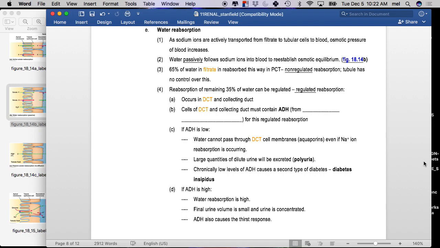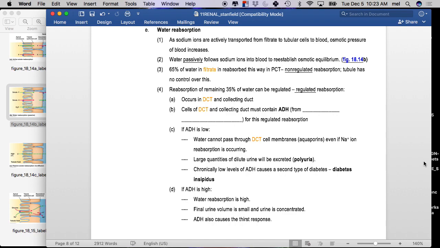Okay, so the cells of the DCT and the collecting duct must respond to ADH. Here's what ADH does. ADH allows for water to follow sodium. In the absence of ADH, sodium moves by itself. In the presence of ADH, water moves with sodium. Does that make sense? And so you guys remind me, where does ADH come from?